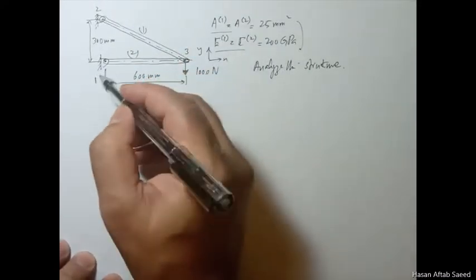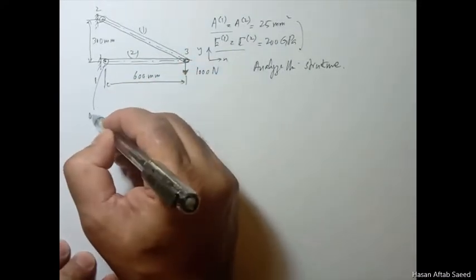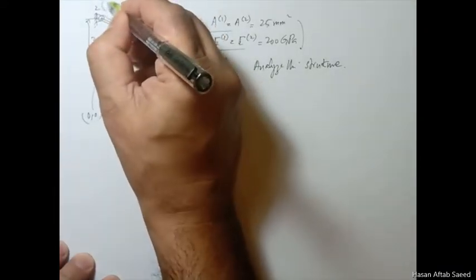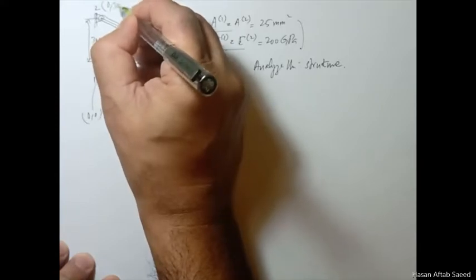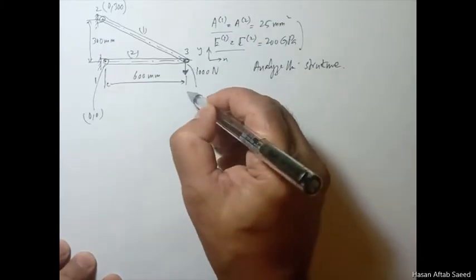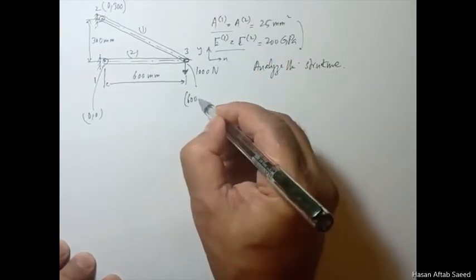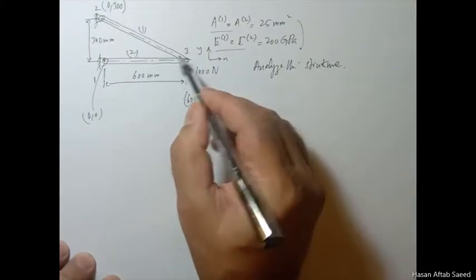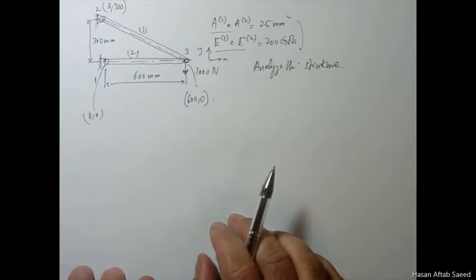It doesn't again matter which point I consider as the origin. If this is the origin 0 0, then this is obviously 0 300, and this point is 600 0. We could have taken this as origin and the result would still have been the same.